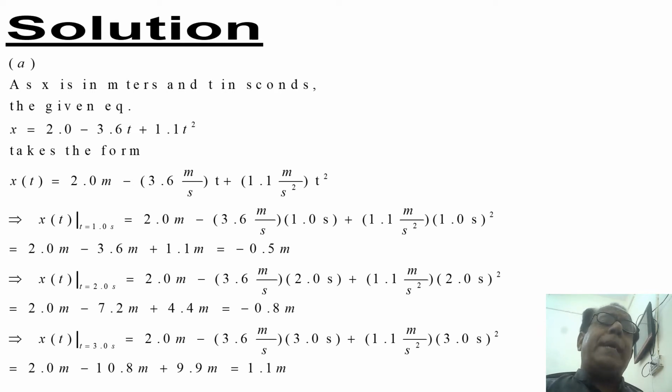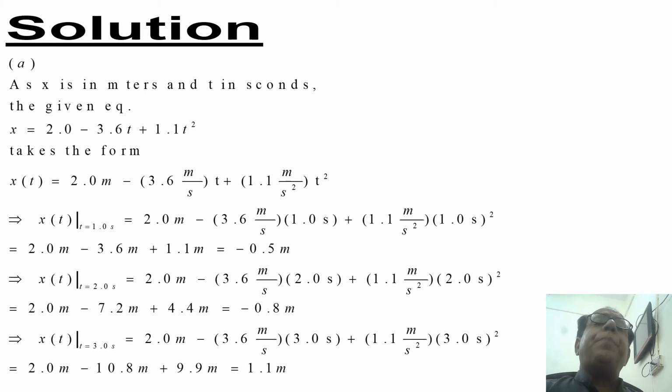This implies that x(t) at t equal to 1.0 second alternatively becomes equal to 2.0 meter minus 3.6 meter plus 1.1 meter. After simplification, it becomes equal to minus 0.5 meter.